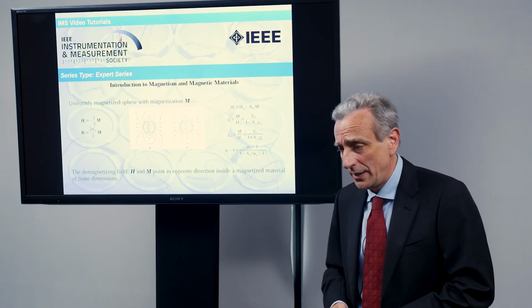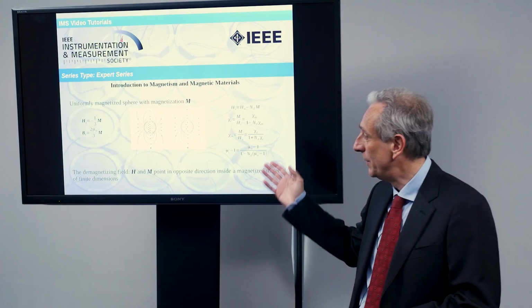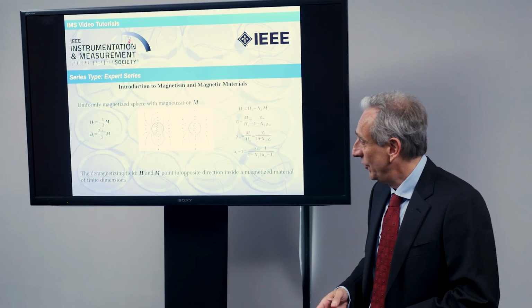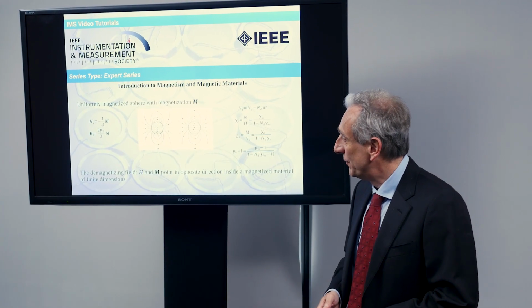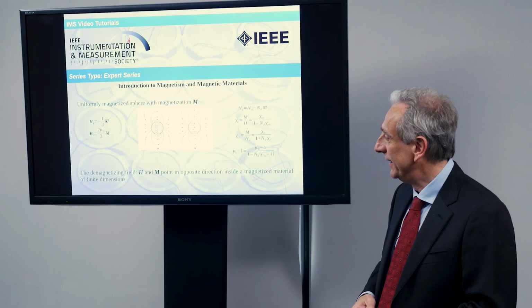Looking at reference books of magnetism, we are used to finding a very classical problem, that is the field in presence of a uniformly magnetized sphere. As you can see, you can recognize the typical lines of the field of a uniformly magnetized sphere.